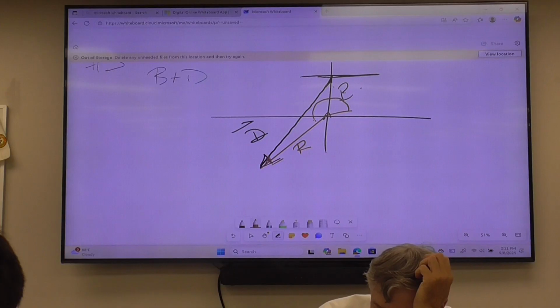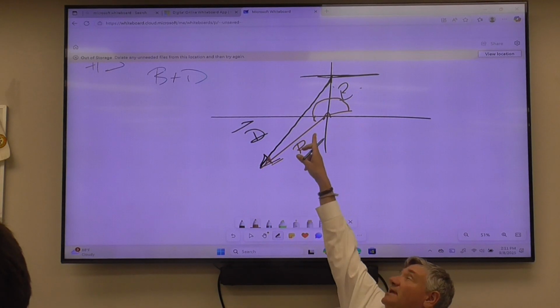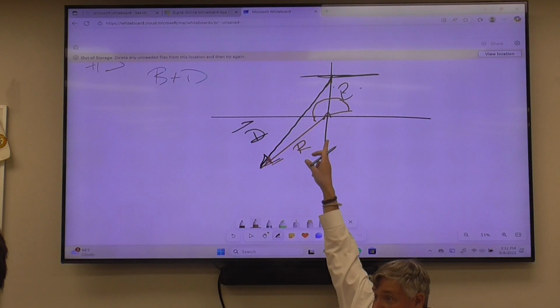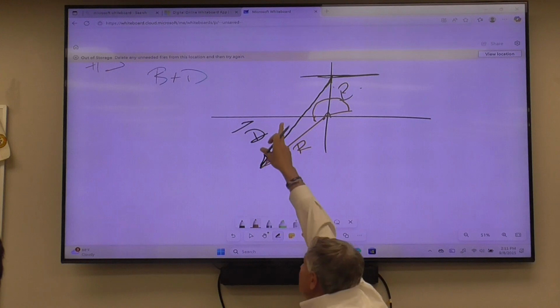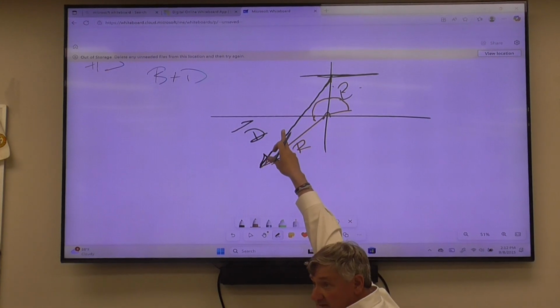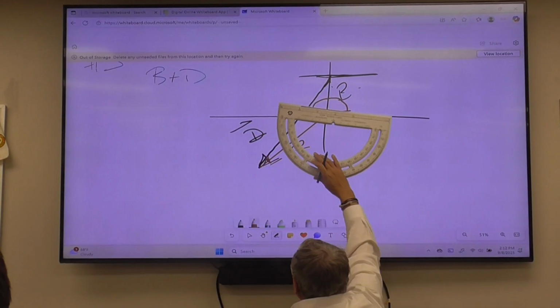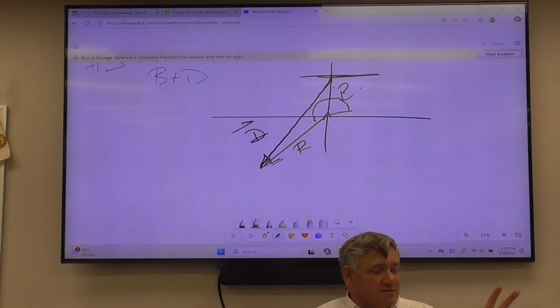So clearly, this angle has to be more than 180, but less than 270. So measure that angle, take your protractor, measure this angle here, from that negative x-axis to here. Measure that angle, let's say that's 35 degrees, whatever that is.